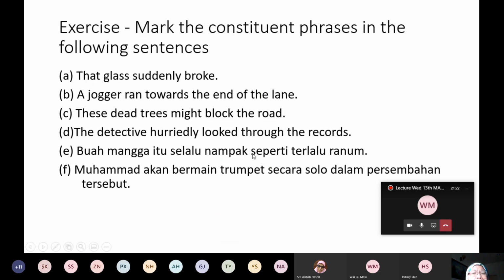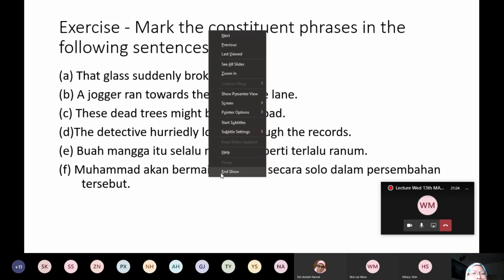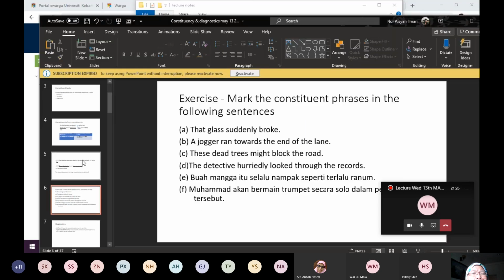So if you have a sentence like this, that glass suddenly broke, you have to mark the constituent phrases. We could do what we did just now.